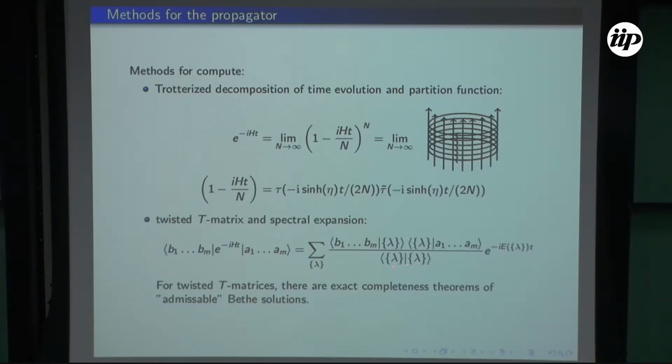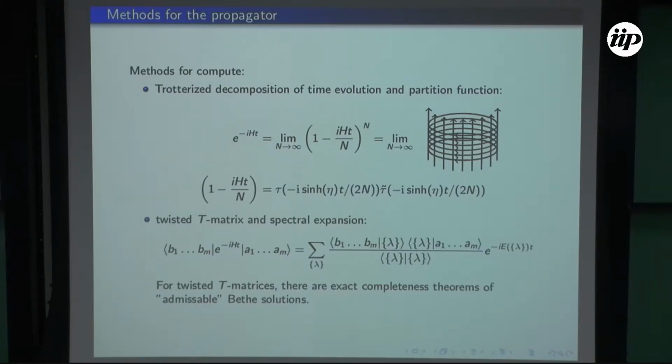you expand over a full system, and now I assume that this lambda is a full system, which is okay, not the best notation. And then if you compute these factors, then you are done.